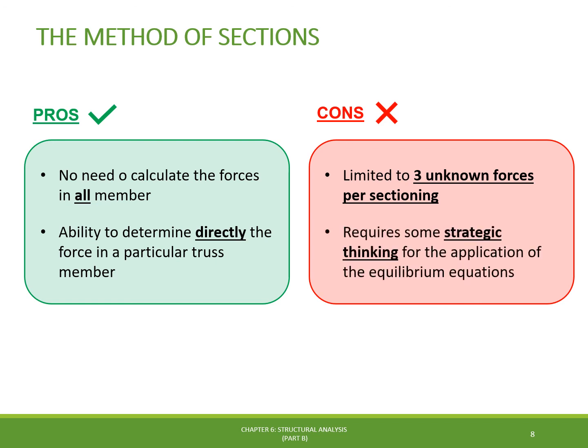Another drawback of the method of sections is that it requires some strategic thinking for the application of the equilibrium equations that will lead us to direct solutions for the unknown forces. For relatively simple cases, that should not be a problem. However, for complex trusses, the definition of this strategy might not be so obvious, which requires intellectual work.